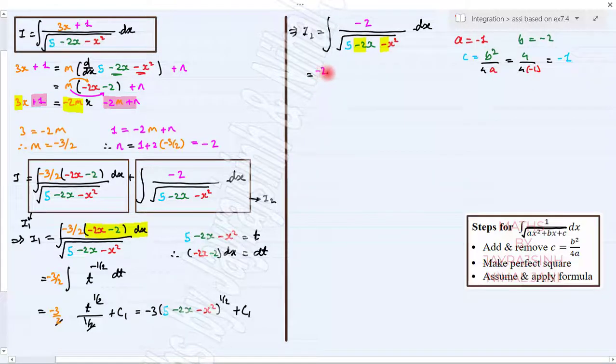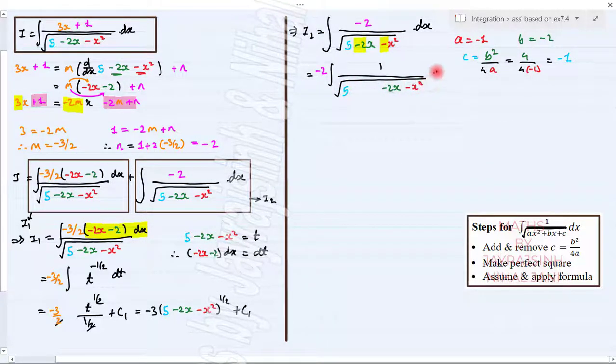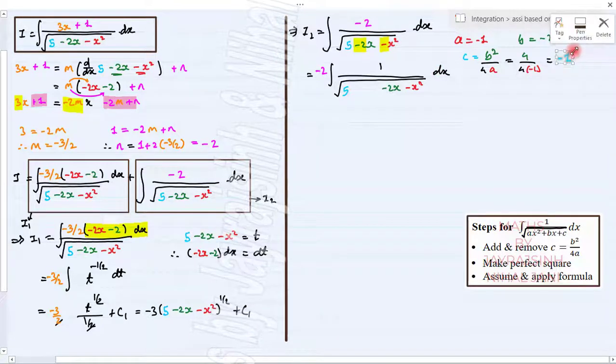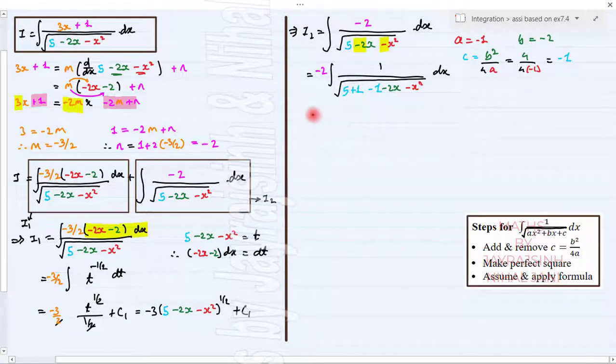Now here minus 2 is constant, take it outside, and let's write down in the denominator what we have. Then we have to add and remove the required last term, which is minus 1. So we also have to take plus 1.